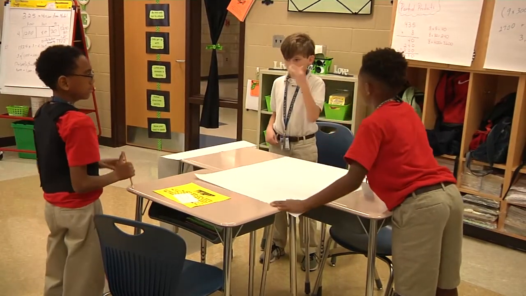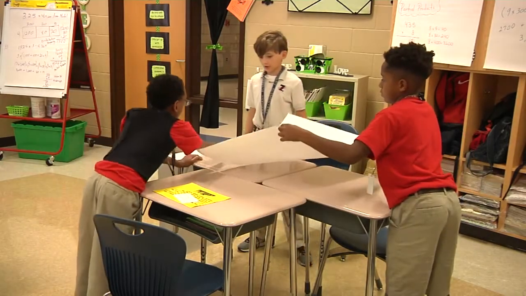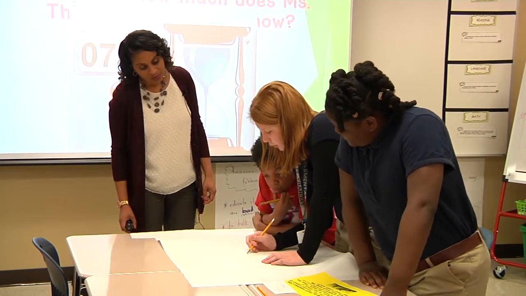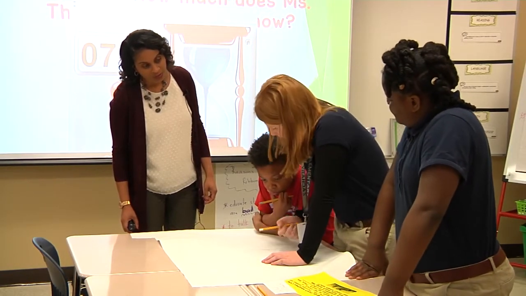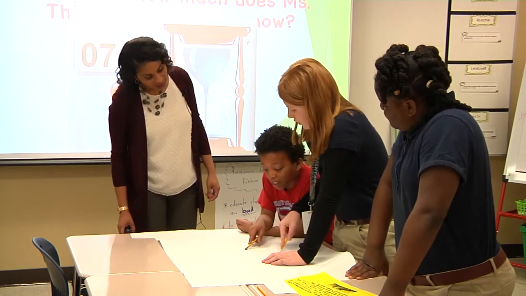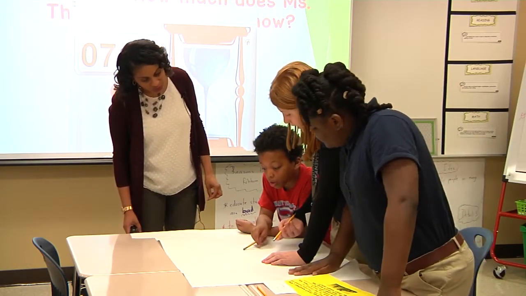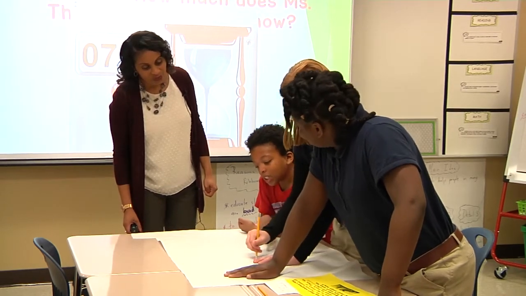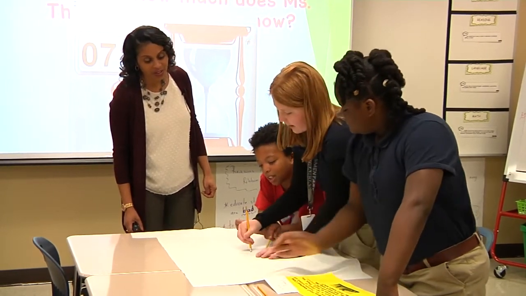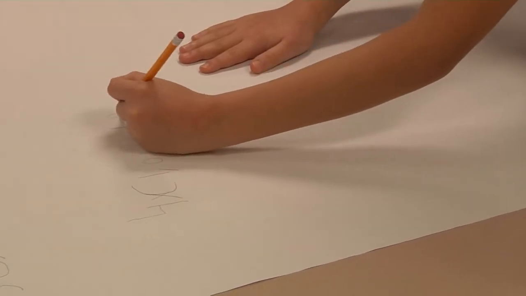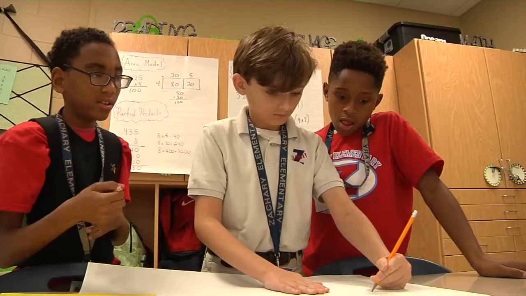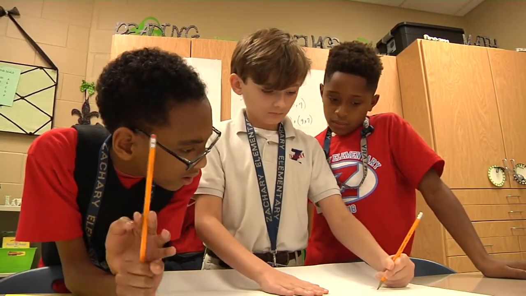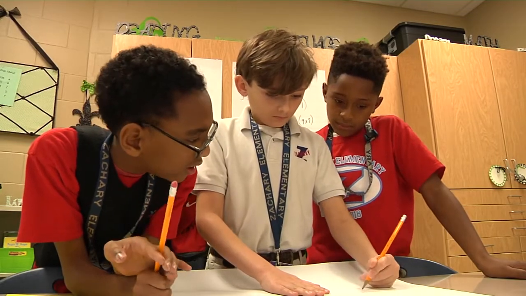So what's the equation? 1,936 times 4. Okay. 1,200. We put 4 times, so 4,000 plus 3,600.